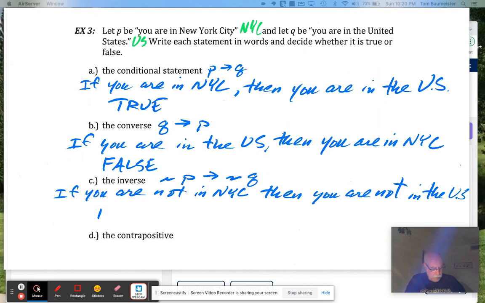And again, that one should also be false. And again, you could come up with an example. If you're not in New York City, well, you could be in St. Louis. And then you are not in the US? Well, yeah, you are in the US, right? So that's why that one could be false.